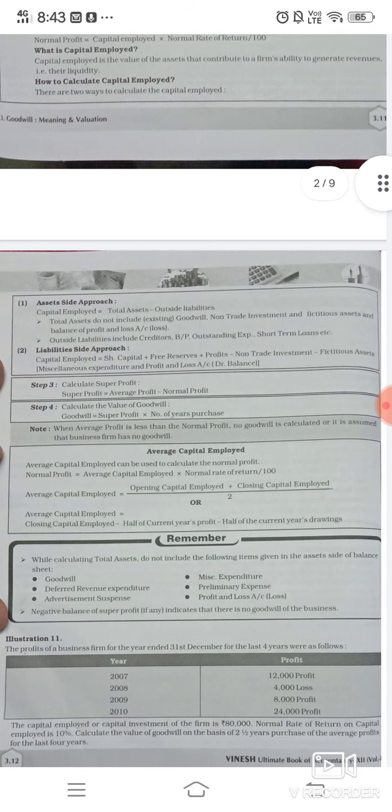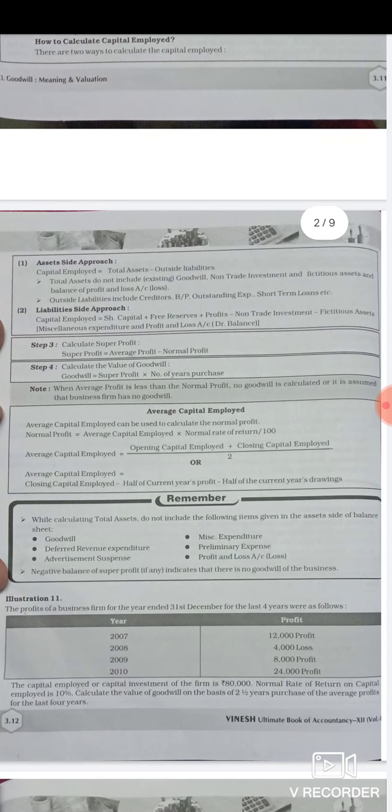Okay, and next, while calculating the average capital employed, if the capital employed is given directly, we will take it. Otherwise, by seeing the asset side approach or liability side approach, we will find the capital employed.